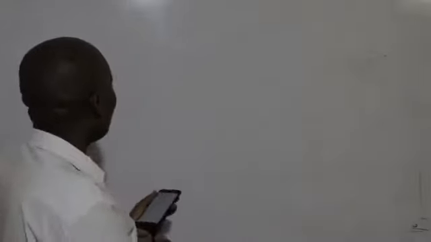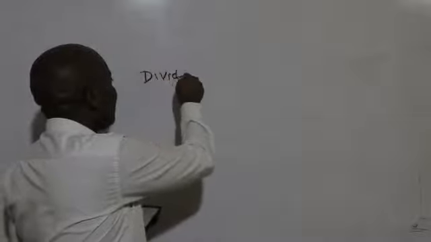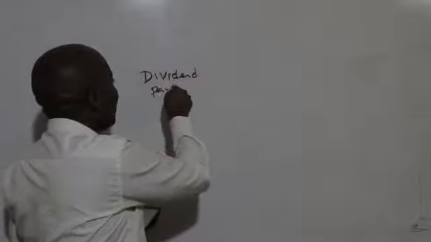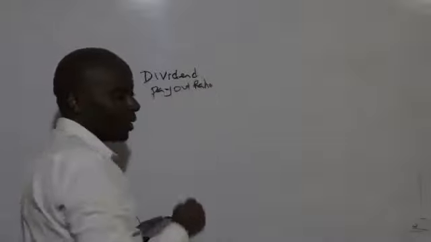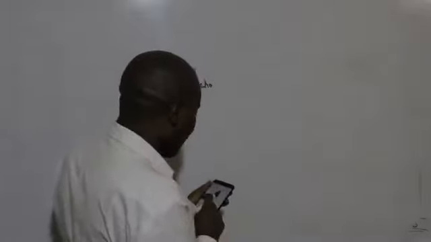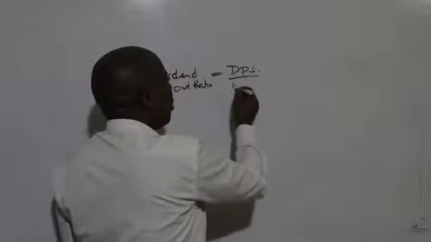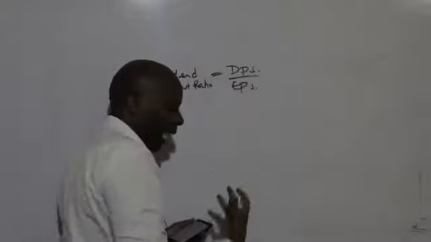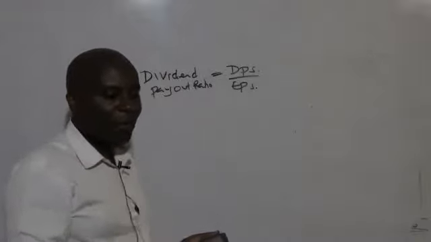Here the key thing is that I have to know how to calculate the dividend payout ratio. So dividend payout ratio, ladies and gentlemen, here will be equal to dividends per share all over earnings per share. What we earn out of whatever we earn, what are we able to pay?